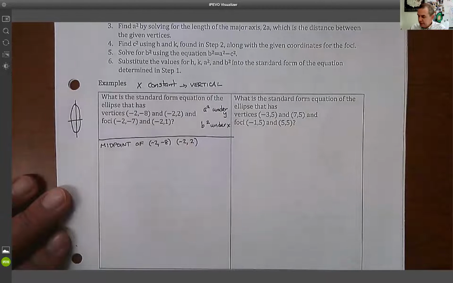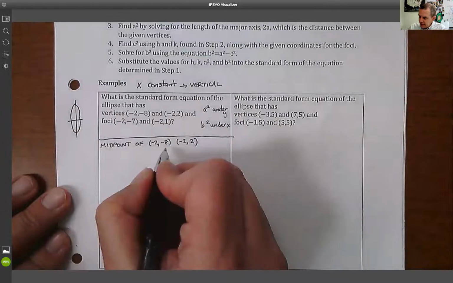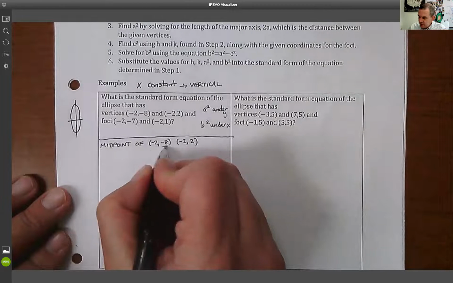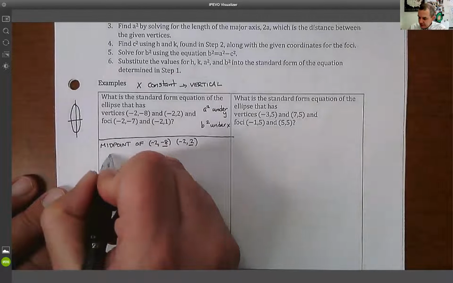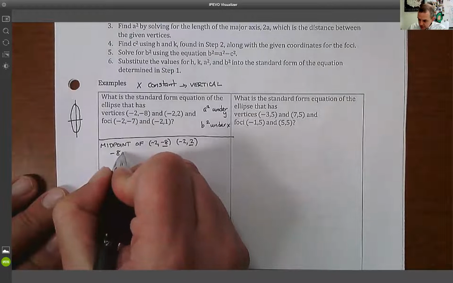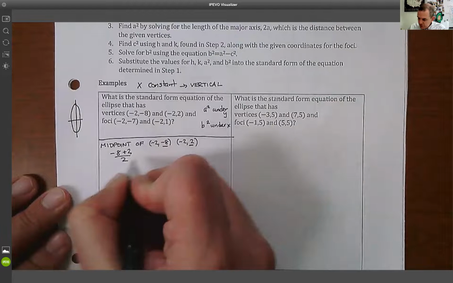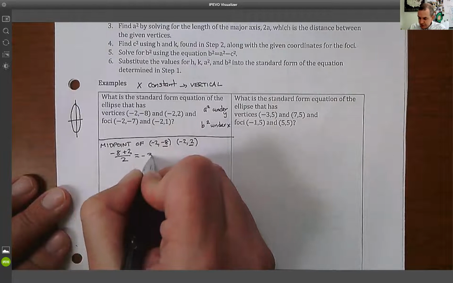The way I figure out that midpoint is, since the x's stay the same, I want to figure out the midpoint between -8 and 2. The way I do that, -8 plus 2 divided by 2, gives me -3.